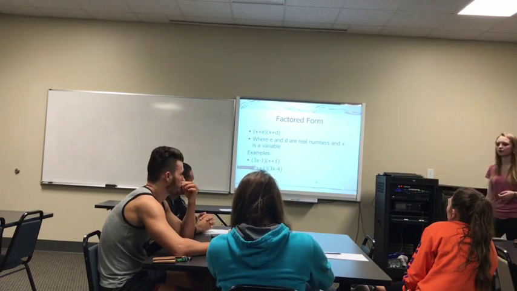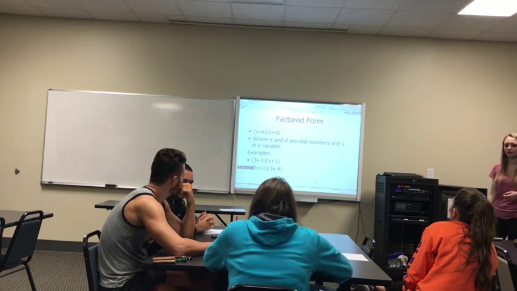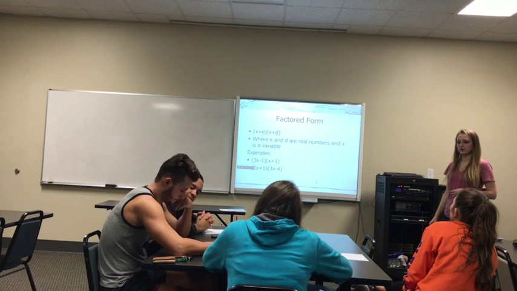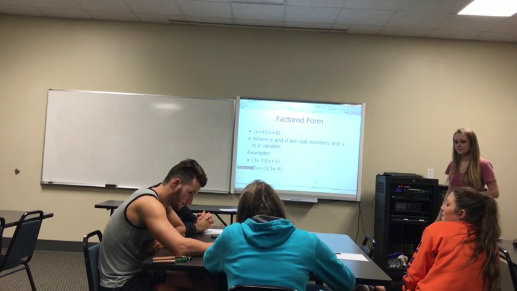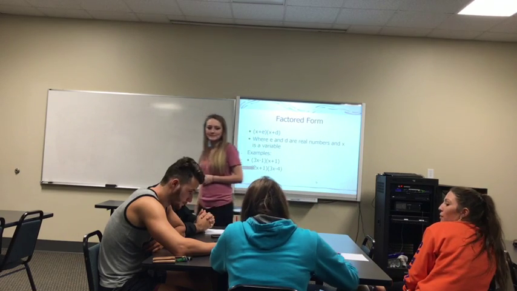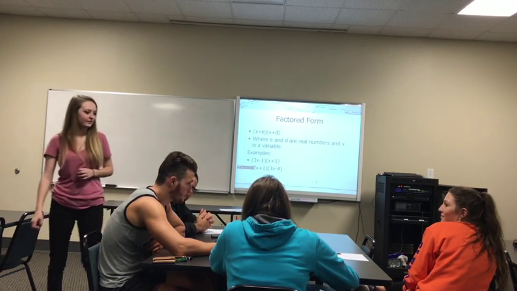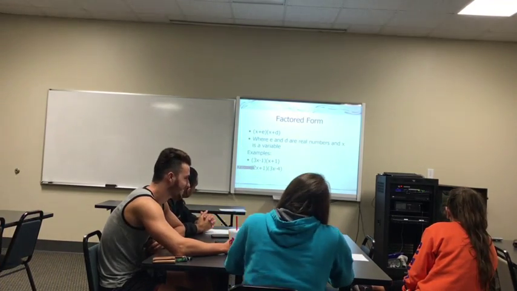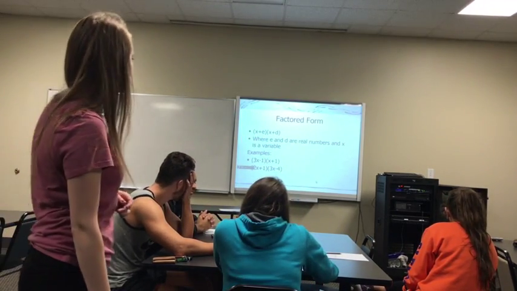What is a factored form? Does anybody want to give me their definition? Anybody? No? Okay, a factored form is just going to be what you get when you factor out your polynomial term.